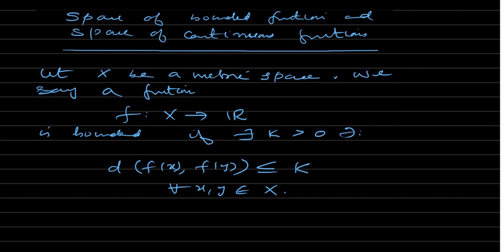This is a metric on R. It's a function from metric space X to R. And likewise, we can define continuous mapping. That's already discussed actually. Continuous mapping between metric space and real line.